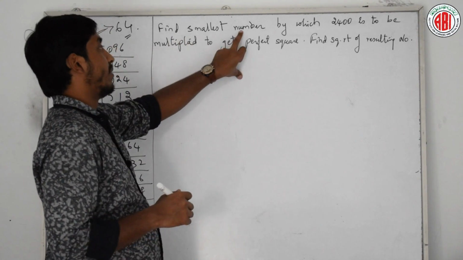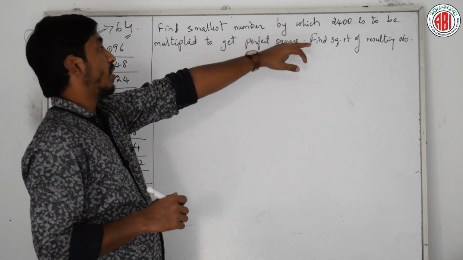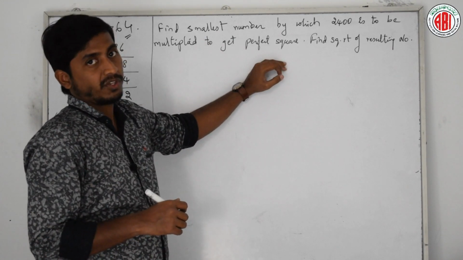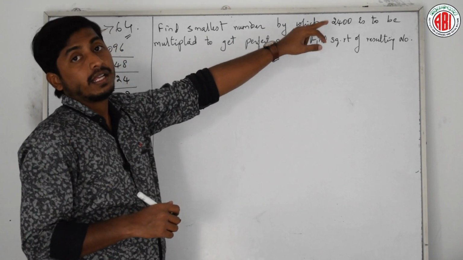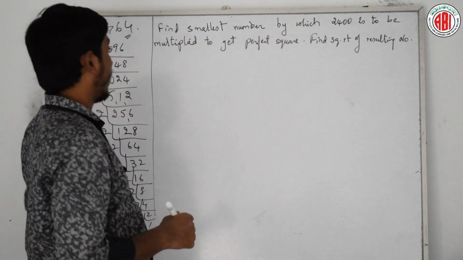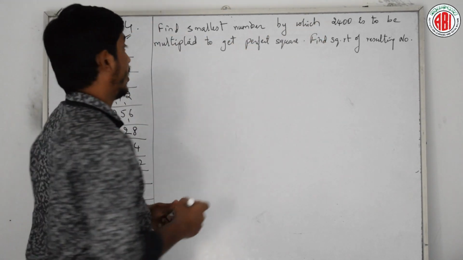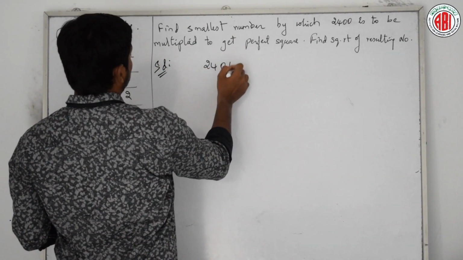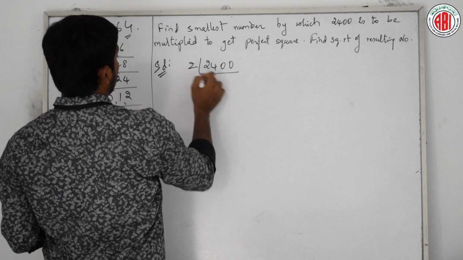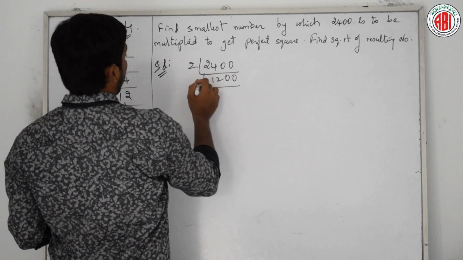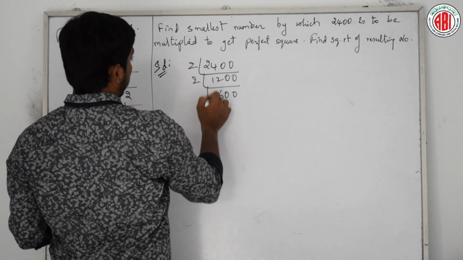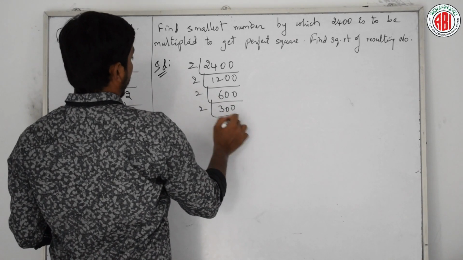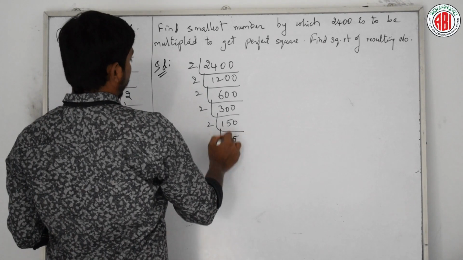Find the smallest number by which 2400 is to be multiplied to get a perfect square. First of all we have to find the square root, so let us do prime factorization for it. See here, that is 2400. 2 12s are 24, 2 6s are 12, 2 300, and the next 2 150, 2 into 75.